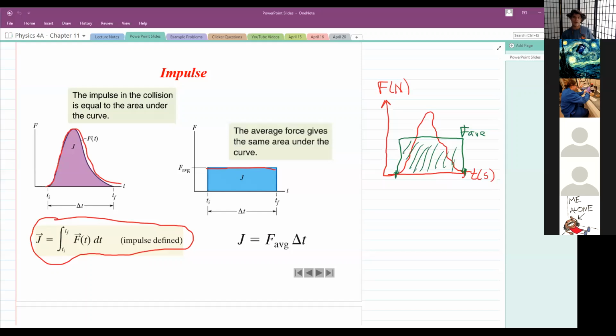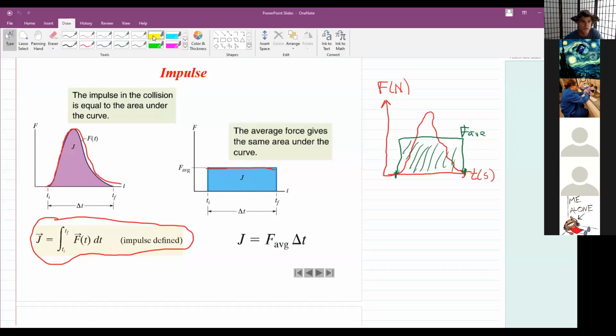Okay, so as a little reminder, forces generally are not constant, even though we have been modeling them as constant. During any kind of collision in general, if you were to plot the force versus time, what you would see is, let's get a new color here. Let's go with green.